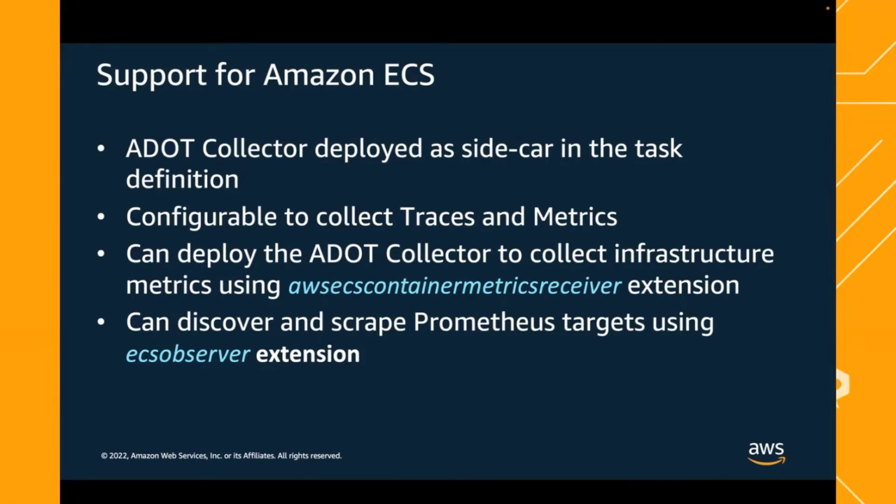So this is another extension that allows you to get custom application metrics, for example, from Prometheus targets. So you can collect those custom business metrics, and you can understand how your business performance is through the ADOT Collector as a collecting agent.